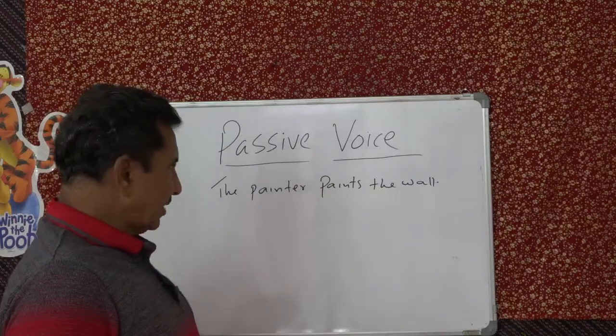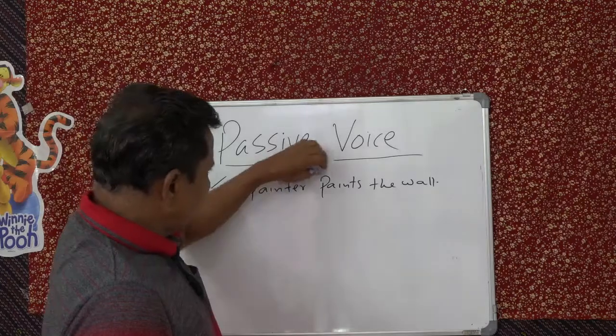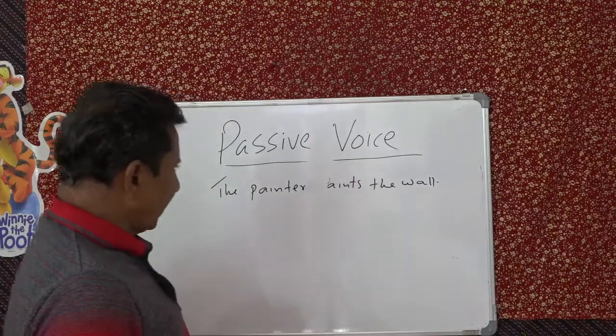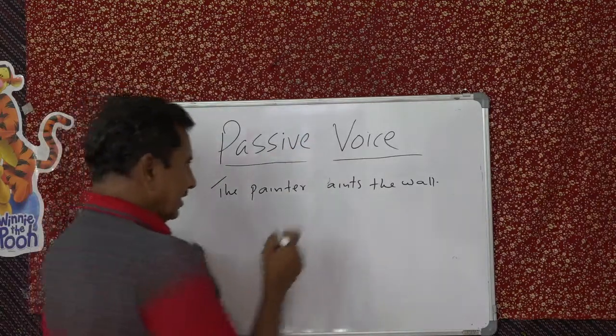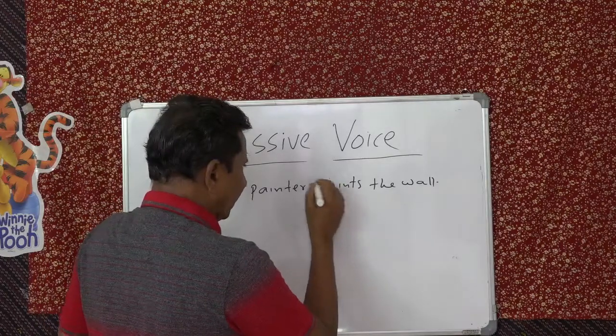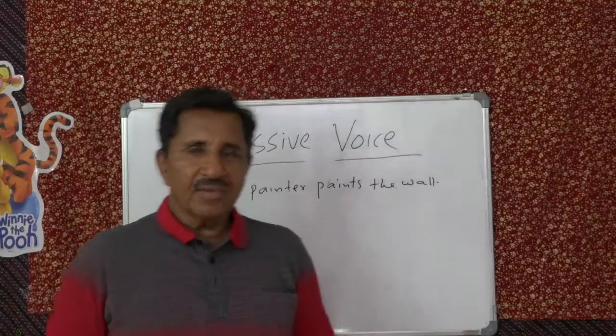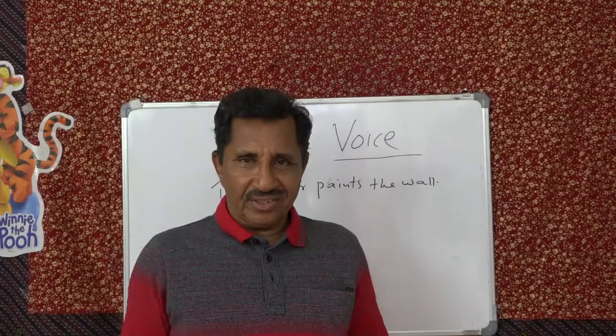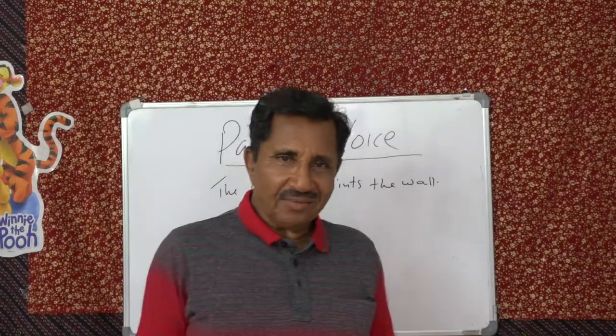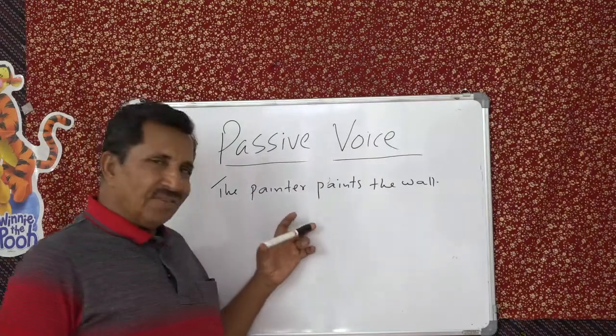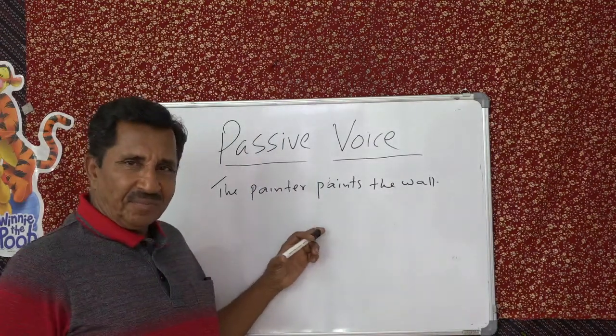It's a small letter, not big letter. The painter, capital letter. Don't think that painter is a proper noun. The painter paints the wall. We say that is an active voice. Why do you say active? Because the subject is very active here.